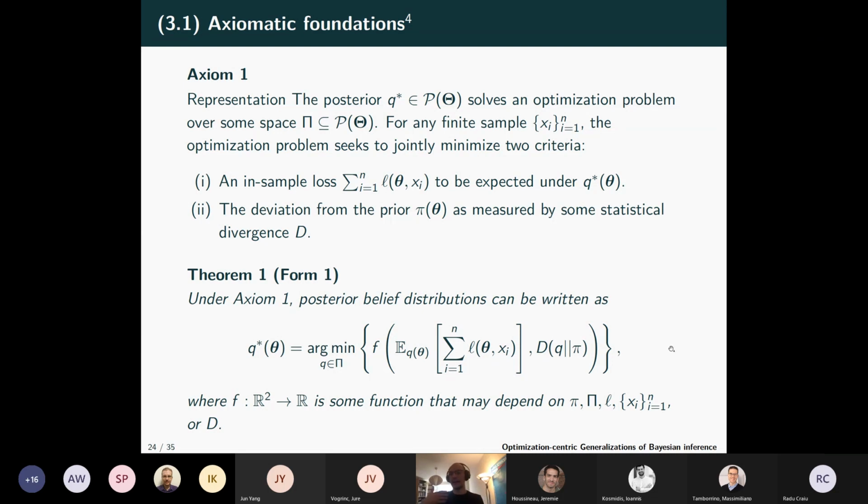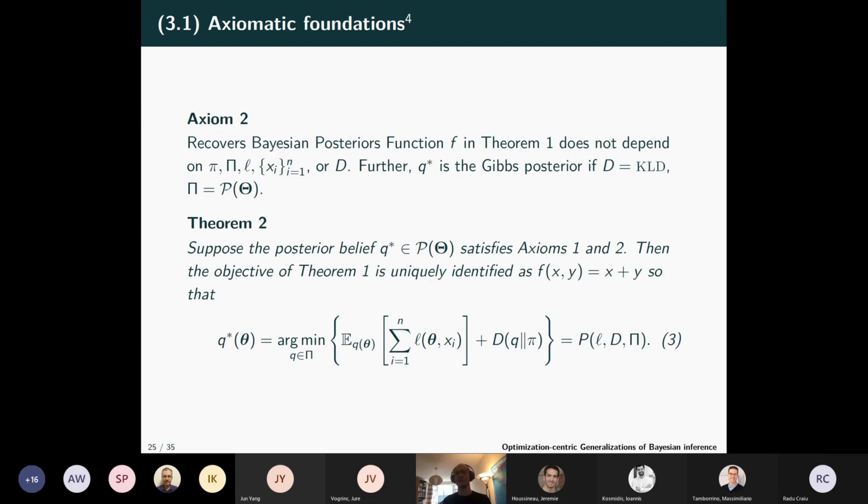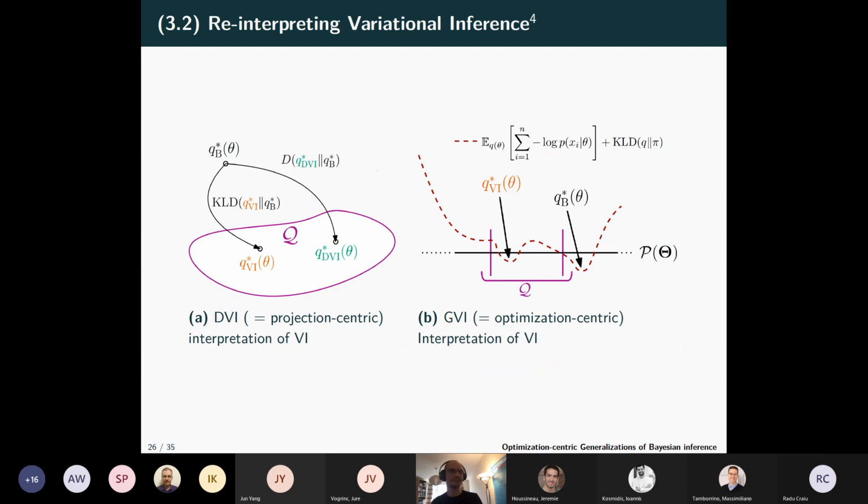And then you're saying, well, in the standard Bayesian case, that's not the case. So I don't want f to depend on any of these things. And in fact, I want to recover the standard Bayesian posterior. And the moment you impose that second axiom, you immediately find that the only way you can generalize Bayesian posteriors, if they adhere to these two axioms, is if you recover the form that I presented earlier. So just as a side note, you can argue for this in a more formal manner.